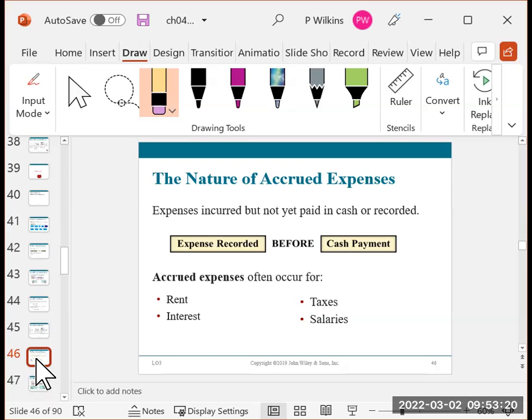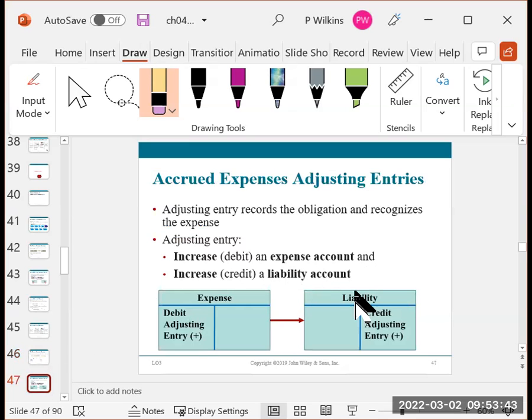If you work in the community college system, like I do, I get paid once a month. So that means that they do adjusting entries in order to enter in the amount that they owe to their employees at the end of the month if they haven't paid them yet, okay? Rent could be accrued expenses, interest, and taxes. So we'll look at some examples of that.